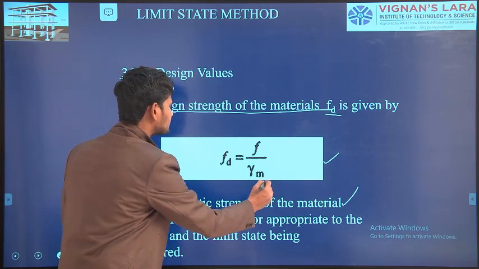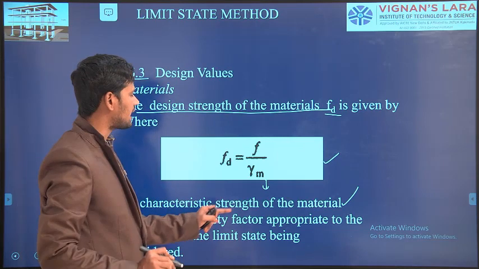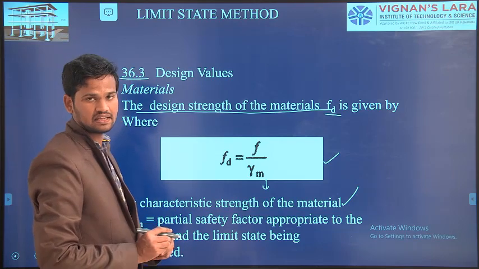And gamma m is the partial safety factor appropriate to the material and limit state being considered.